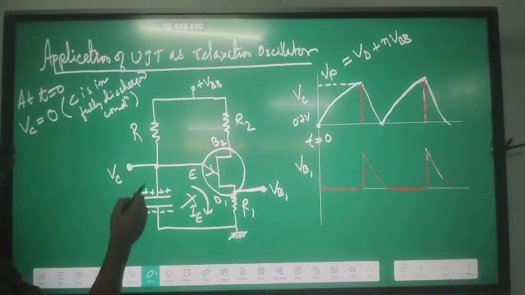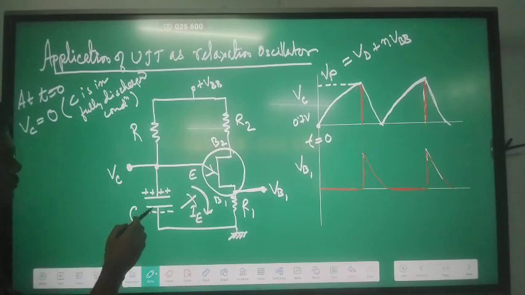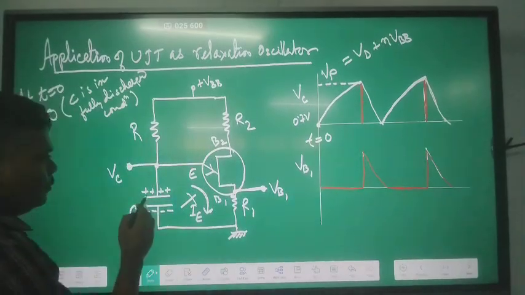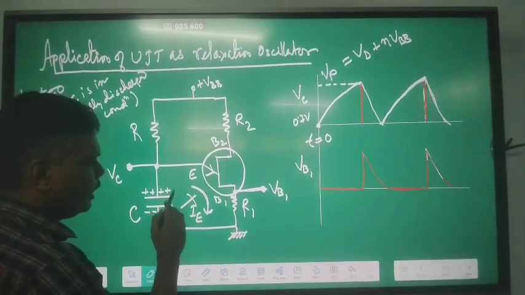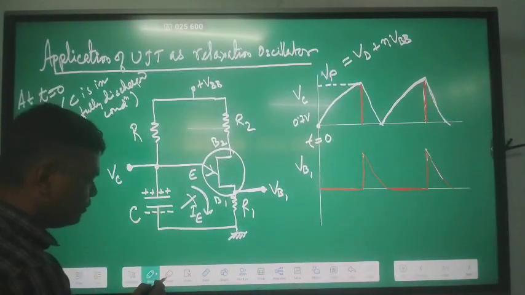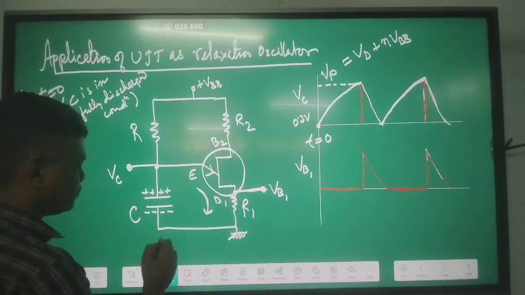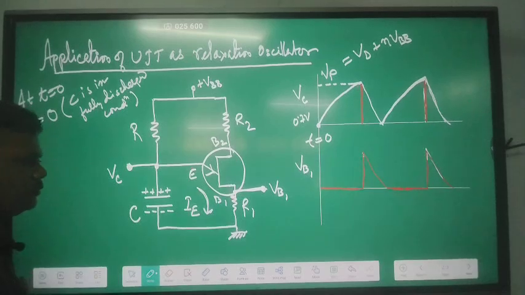So the capacitor is charging. Once the voltage across the capacitor reaches Vp, the emitter and base junction becomes forward biased, and current IE will start flowing.